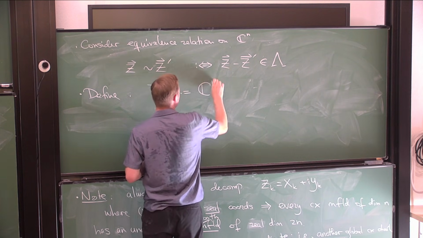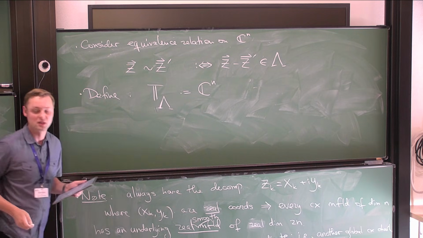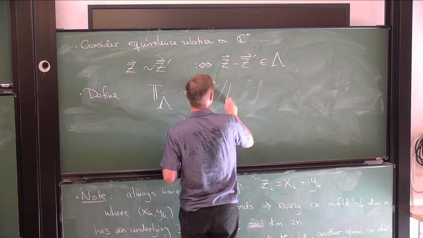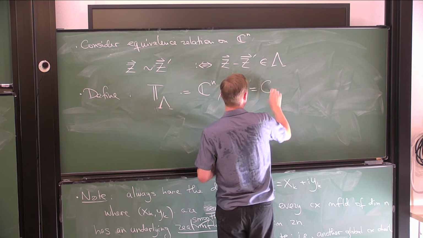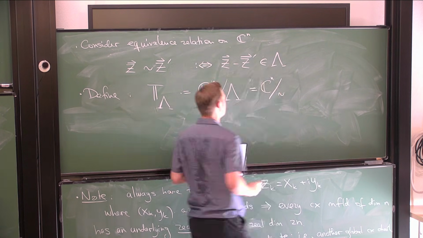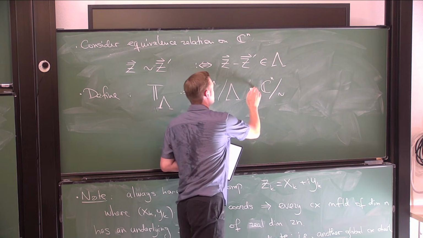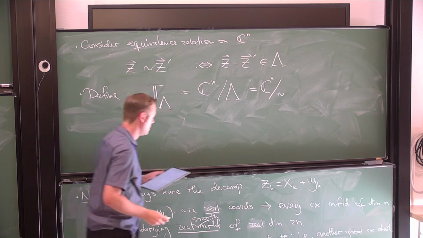So this complex torus is really just the set of all equivalence classes. I'll include several, maybe different notations, whichever one you're more comfortable with.